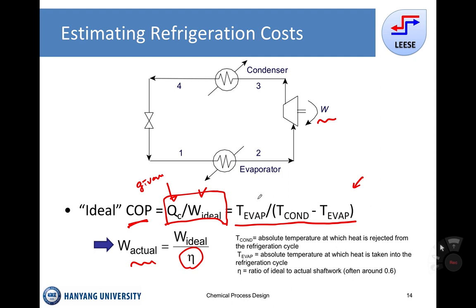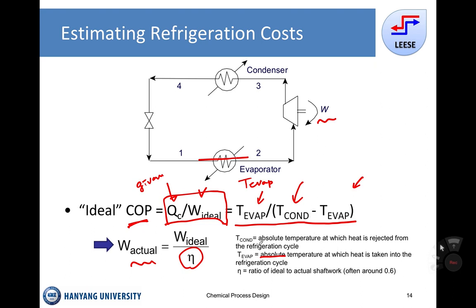So what is T evaporation? T evaporation is the temperature, in absolute terms, where heat is taken into the refrigeration cycle. And what is the condensation temperature?